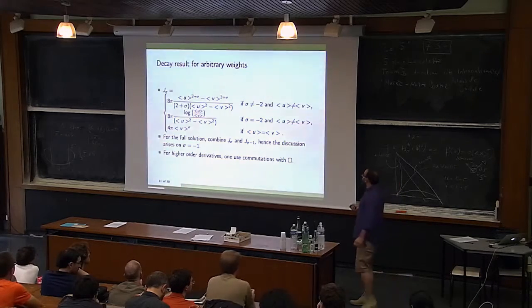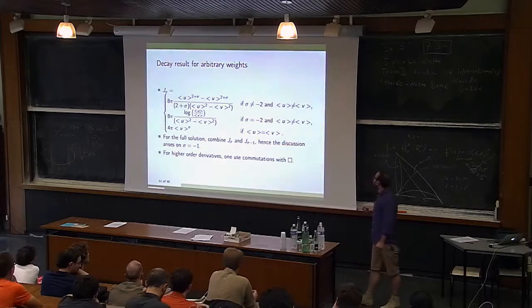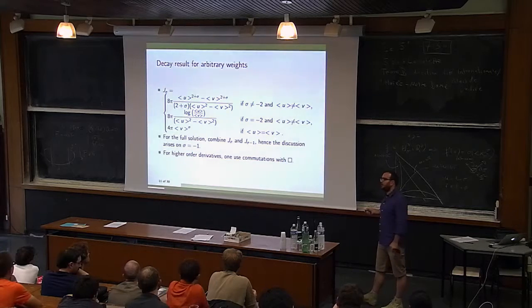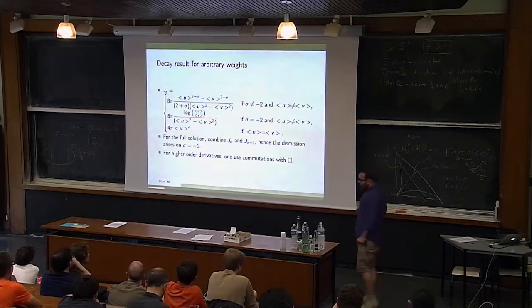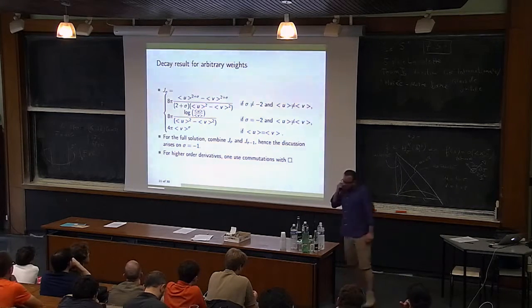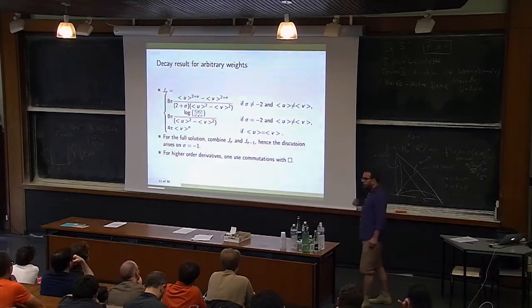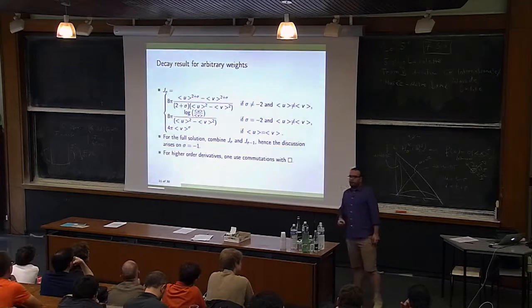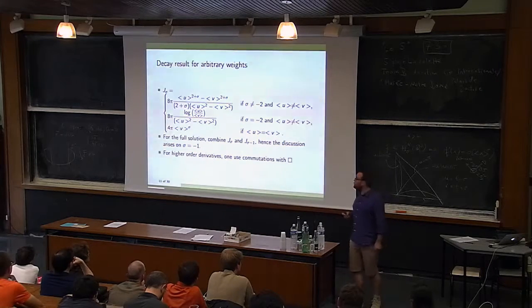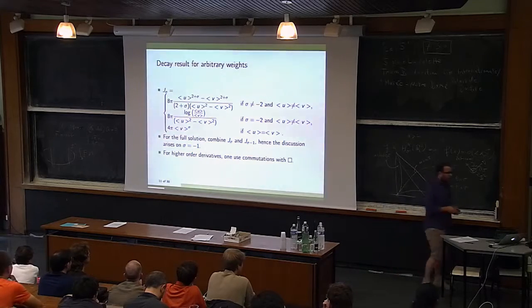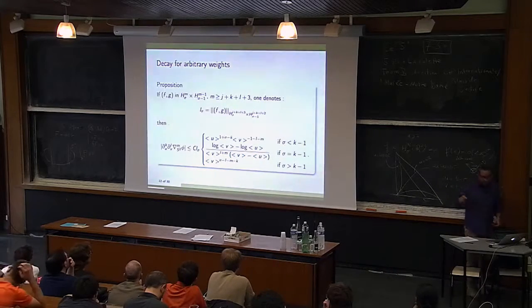So you have to combine g sigma and g sigma minus 1, and so you have a discussion arising on sigma, the weight, equal to minus 1. Okay, and I'm also interested in getting the result for all derivatives, and for this you use the standard properties of a certain number of vector fields that commute well with the box. Okay, so something very standard. And if I'm doing so, what is the decay result that I'm getting?